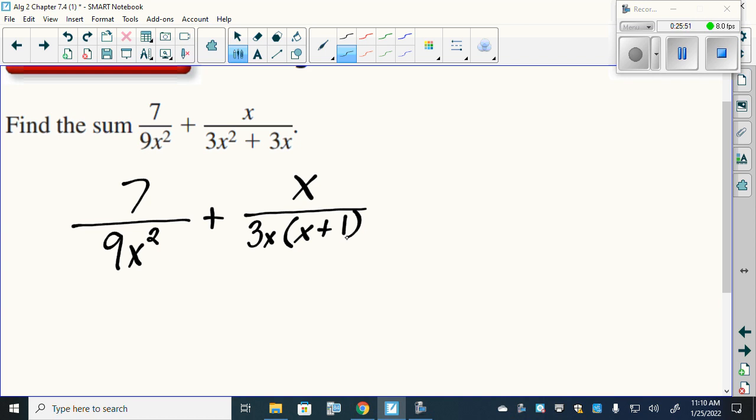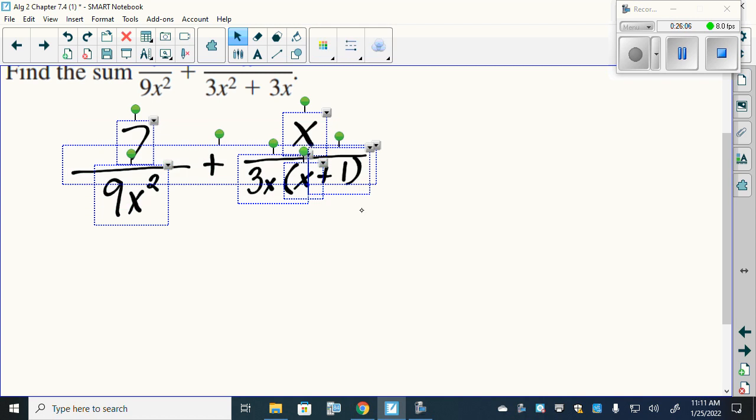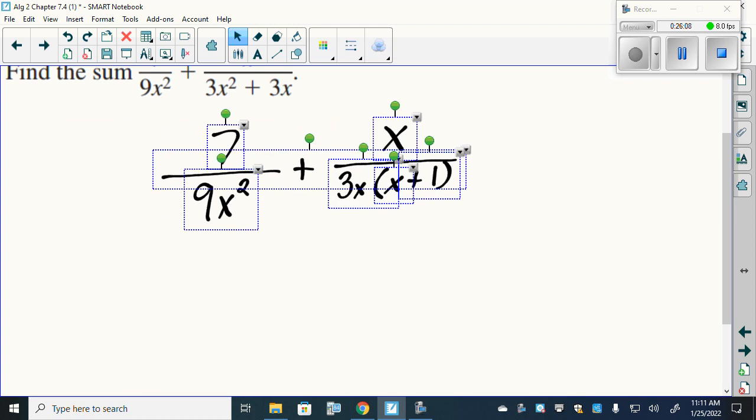Now again, for us to be able to add or subtract, we need the denominators to be the same. We need them to be the exact same. Let me move this over a little bit so I have a little more room.